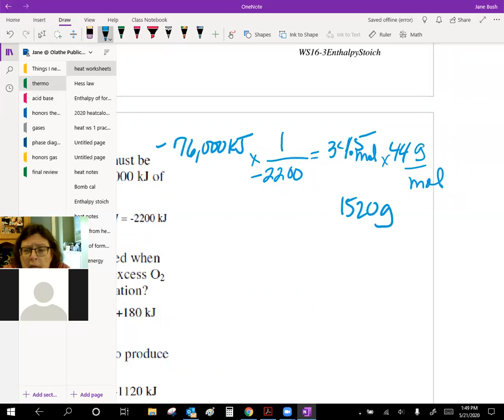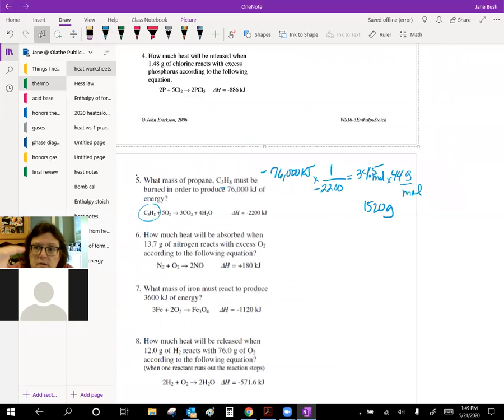Okay. So that's stoichiometry of heat. The only difference is instead of solving for moles on the other side, you're going to solve for energy. So your mole ratio will be ratio of moles to energy.